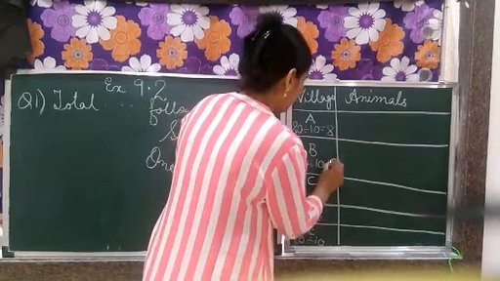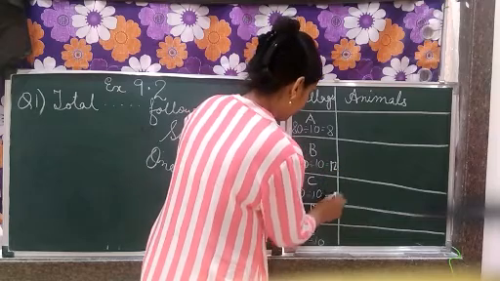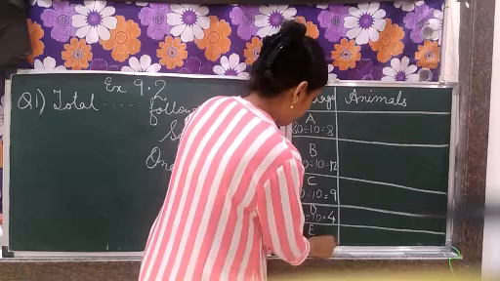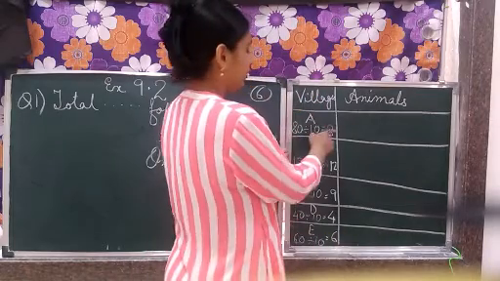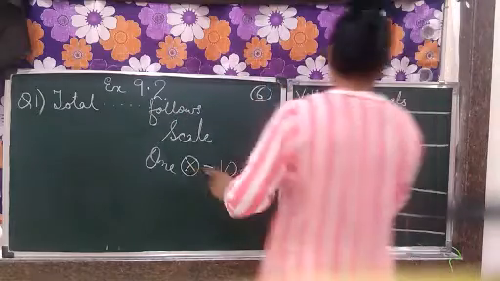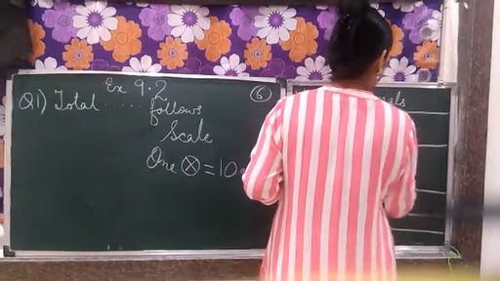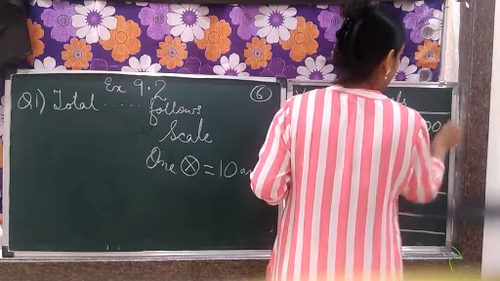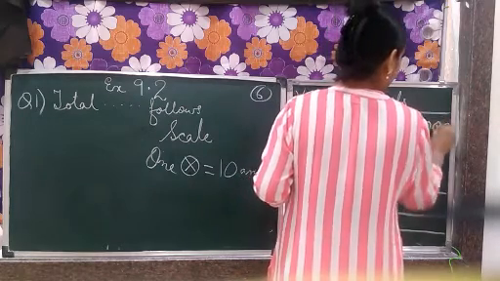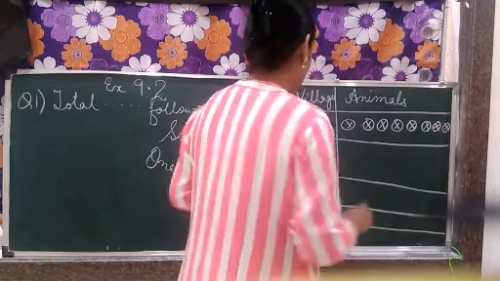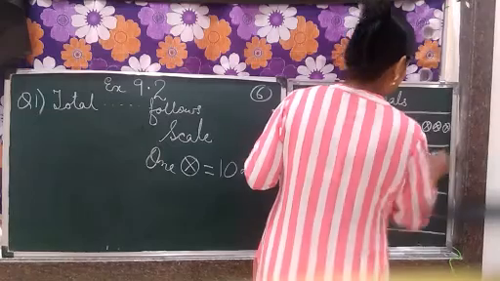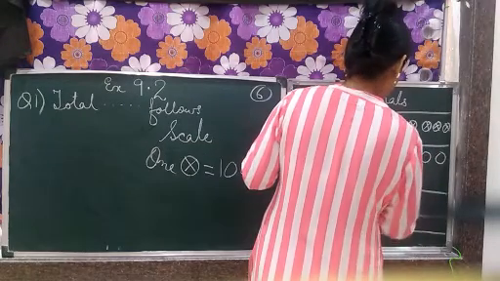So this is 12. 9, 4, 6. So the first one is 8. So we are going to draw 8 symbols like this. 1, 2, 3, 4, 5, 6, 7, 8. Then 12. 1, 2, 3, 4, 5, 6, 7, 8, 9, 10, 11, 12.